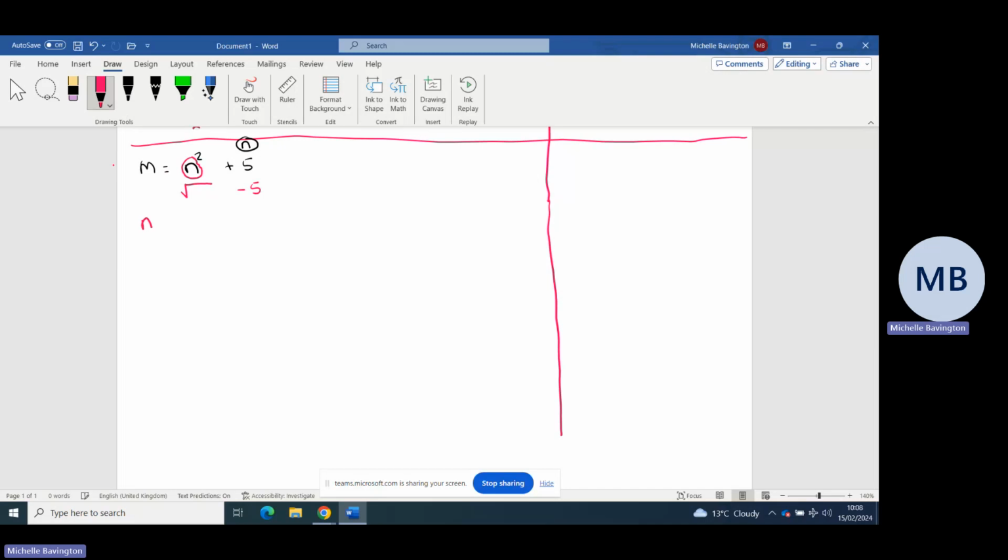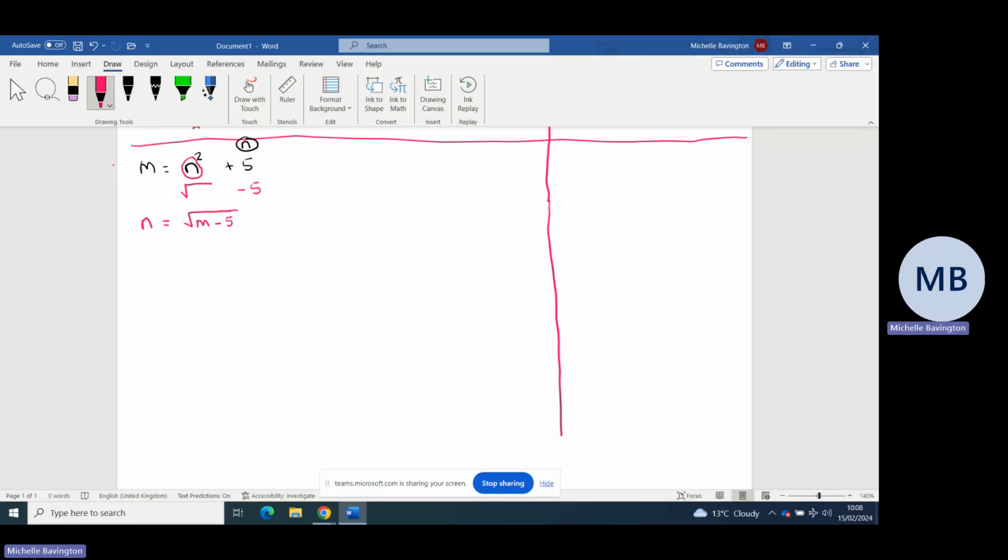Okay, so n equals the square root of m minus 5. That's it. So it looks trickier, but it's not. You've just got to remember the opposite of squared is square root.